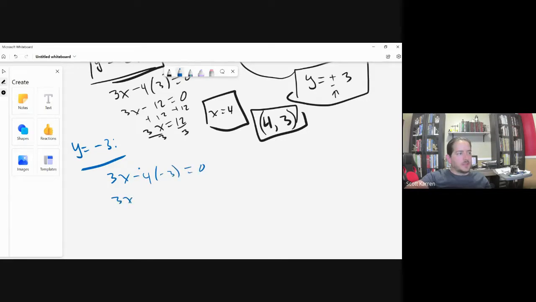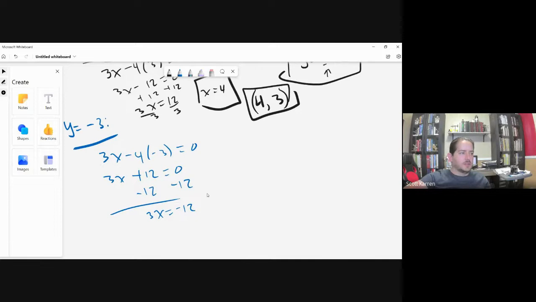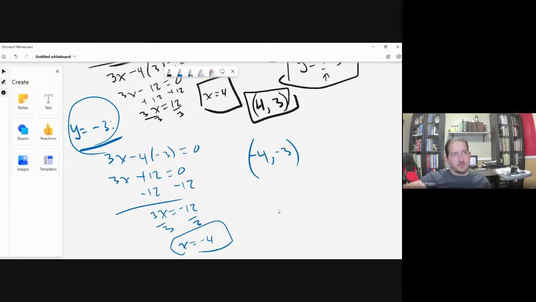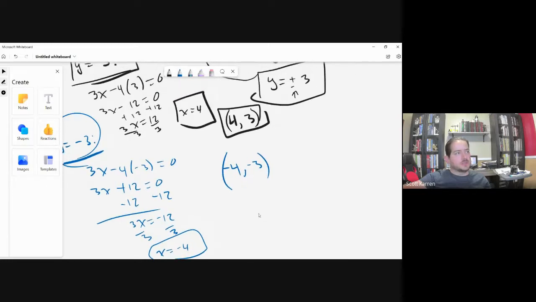But that is 3x plus 12 equals 0. And minus 12 to both sides. 3x equals negative 12. We can see that we're just going to get the opposite value here. Divide each side by 3. x equals negative 4. So that is to say x is negative 4 when y was negative 3. So that gives me the point (negative 4, negative 3). And I do indeed have the situation where I have two solutions.